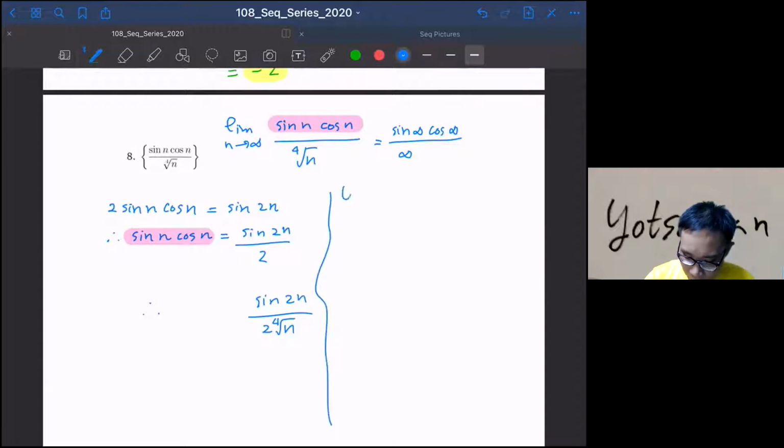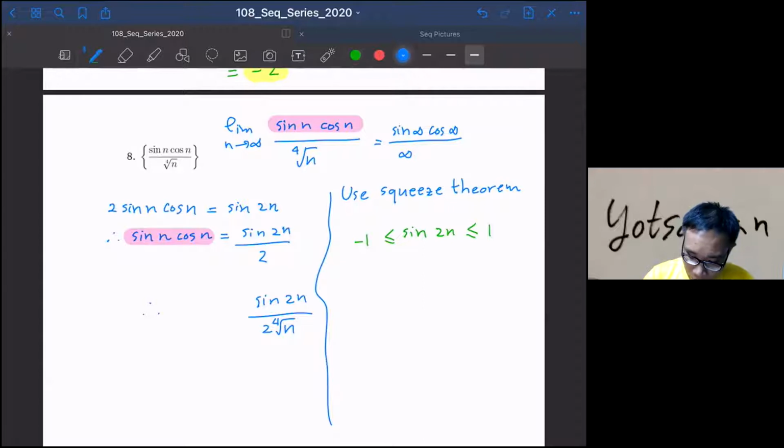If we use the Squeeze theorem, as you saw before, sine 2n must lie between negative 1 and 1.